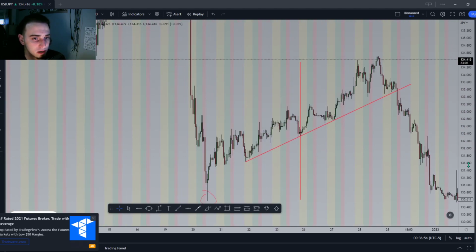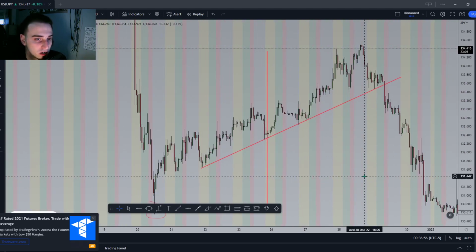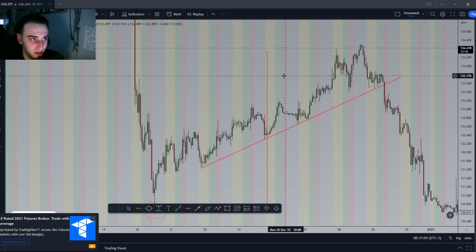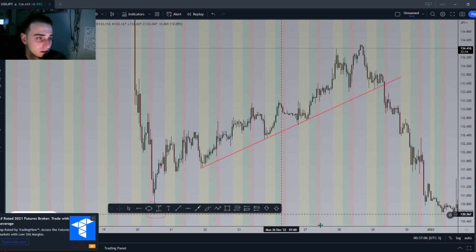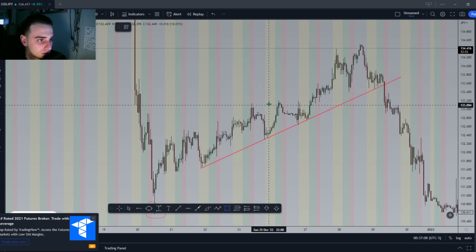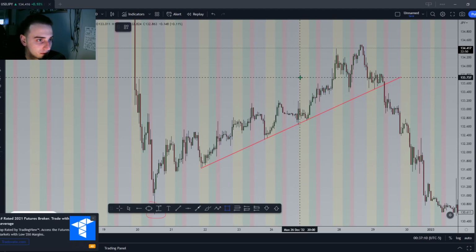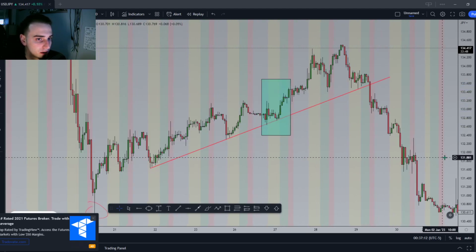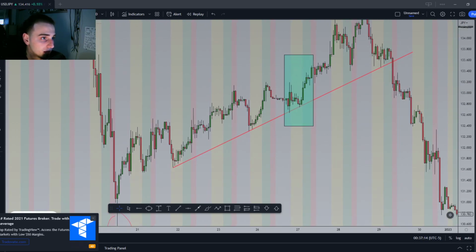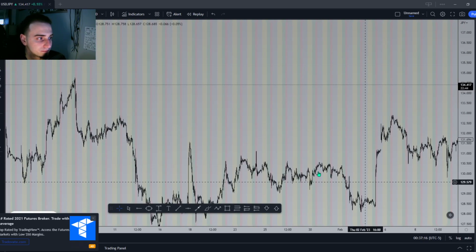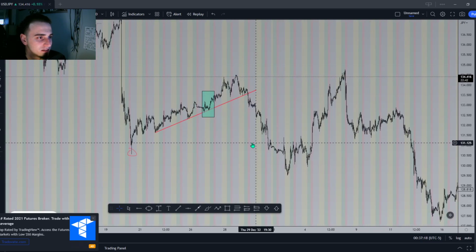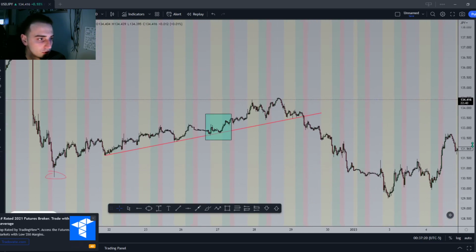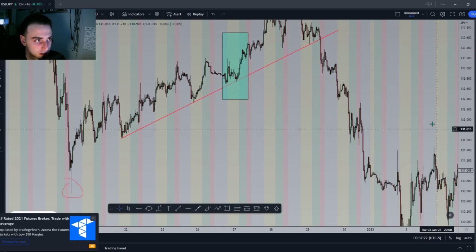I like to say that after the first touches, the third touch is the biggest one, and what I mean by that is the bigger move after the trend line has been touched. Let's say we're trading around this area, on the 30-minute chart.